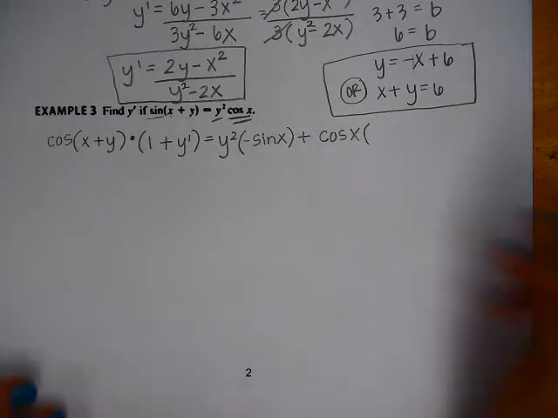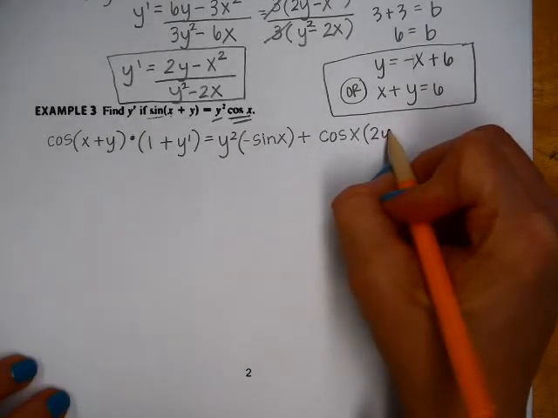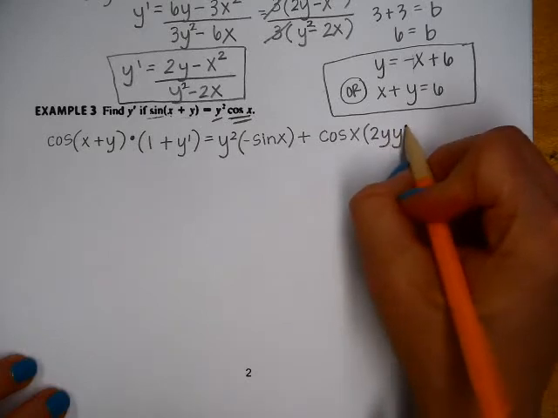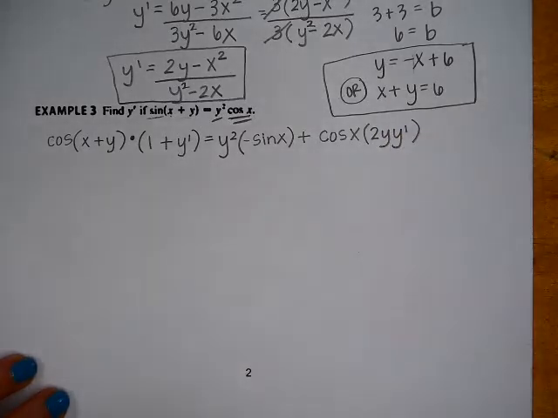And the derivative of y squared is going to be 2y y prime. 2y y prime is when we take the derivative of that first term. That is a y, so we're going to have to tack on that y prime. Okay? So that is the new part.